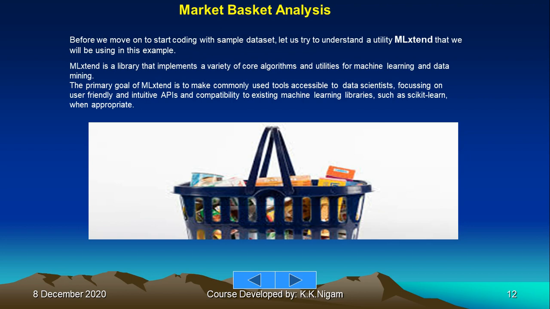MLxtend is a library that implements a variety of core algorithms and utilities for machine learning and data mining. The primary goal of MLxtend is to make commonly used tools accessible to data scientists, focusing on user-friendly and intuitive APIs and compatibility to existing machine learning libraries such as scikit-learn when appropriate.